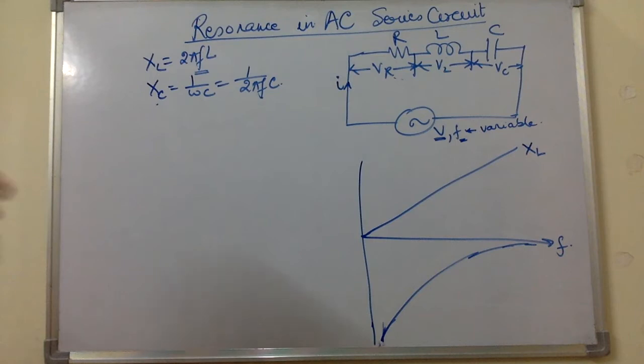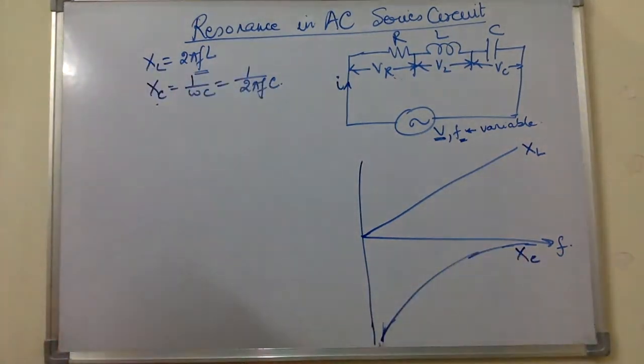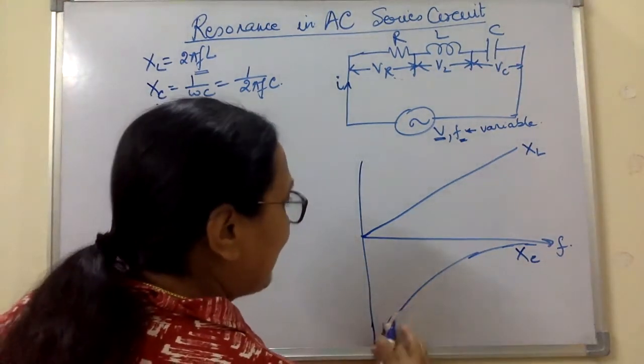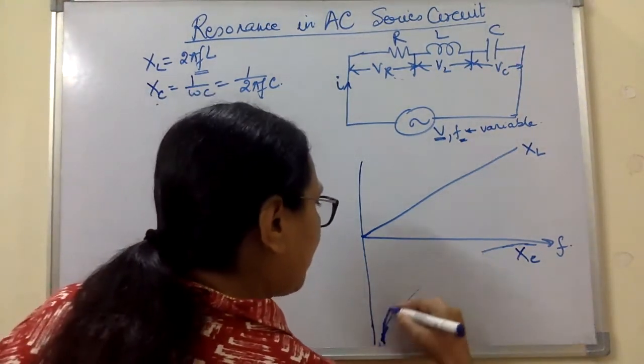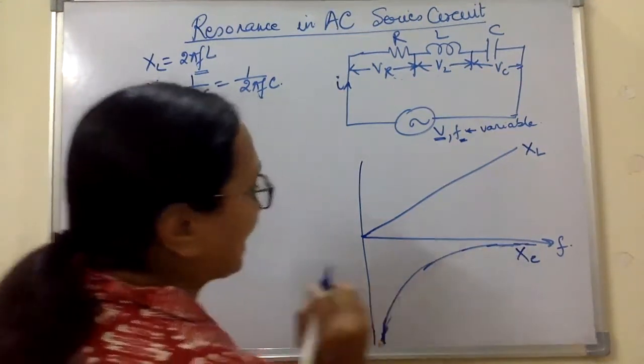So that representation over here we have shown as positive and negative for the inductive reactance and the capacitive reactance. So that's the reason I have taken the capacitive reactance on the negative side. Now this is your 1 by X curve of the capacitive reactance.